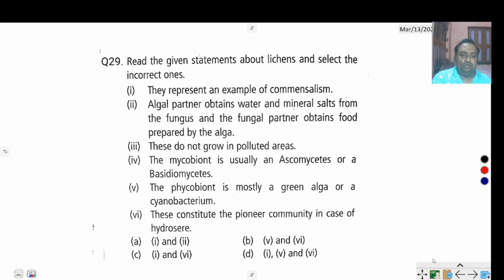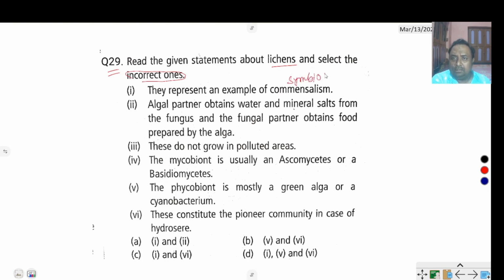Next, question 29. Read the given statements about lichens and select the incorrect ones. They represent an example of commensalism. Lichen is symbiosis, not commensalism.